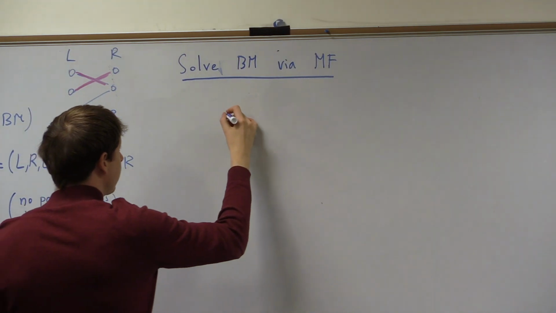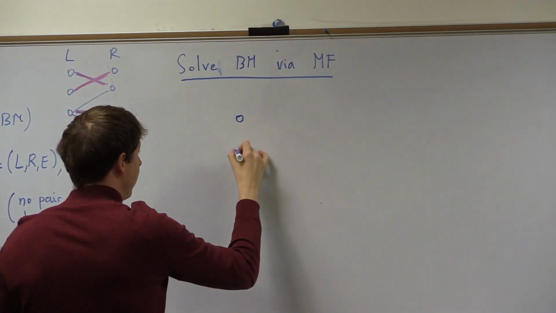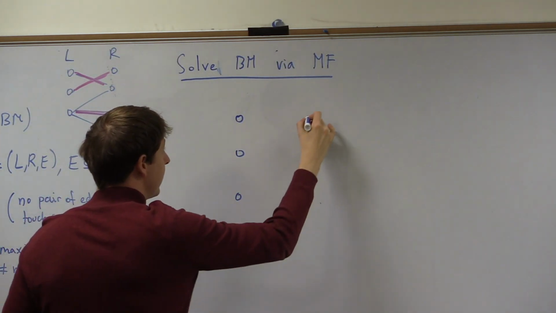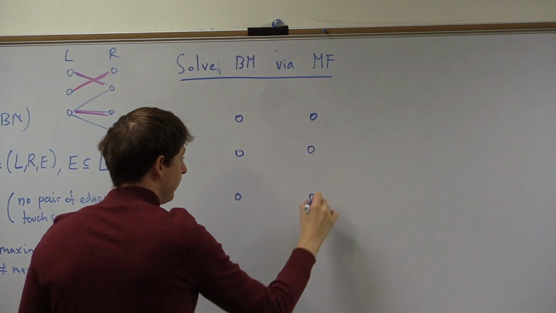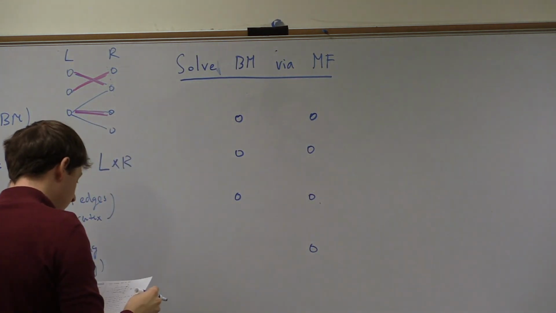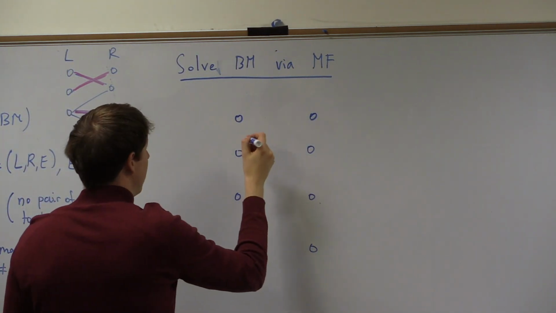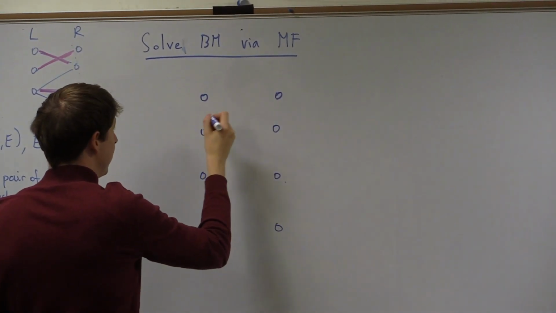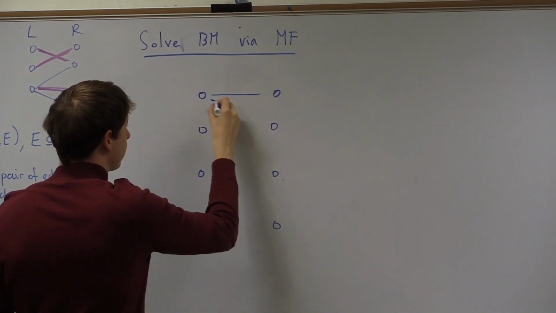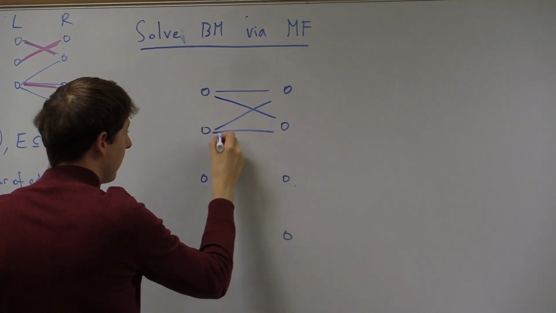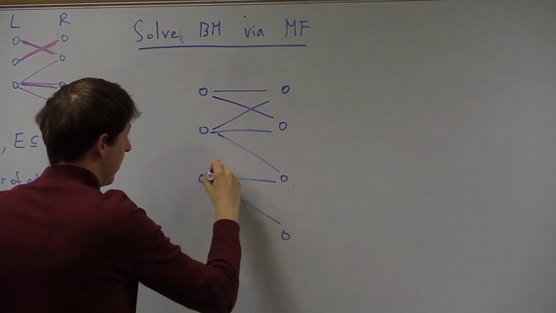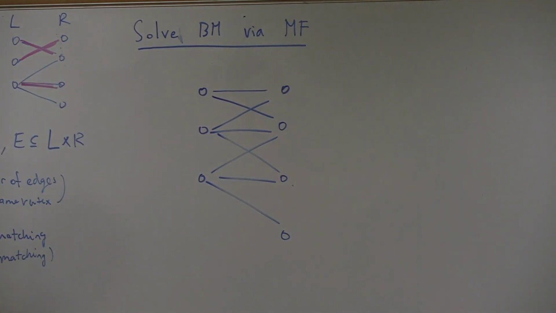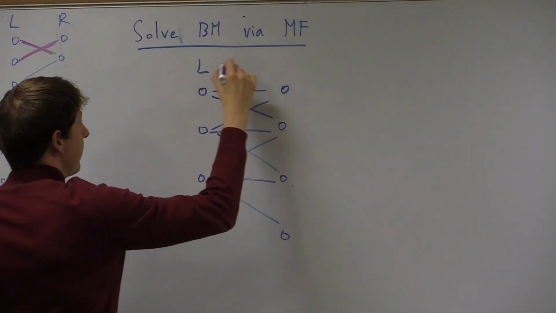So let's say that you have your bipartite matching instance, your bipartite graph, right? Here it is. So that's left and right.